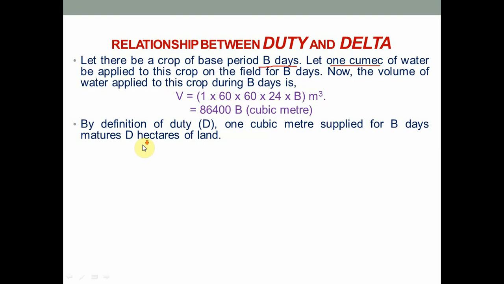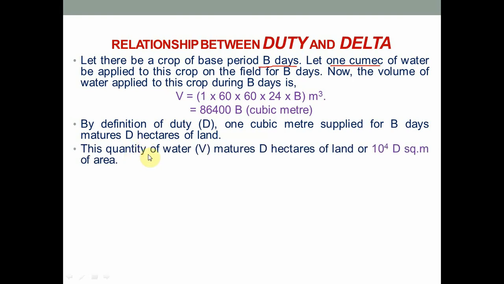So this volume V, that is 86,400 B, will mature D hectares of land, or 10 raised to 4 D square meters of area.